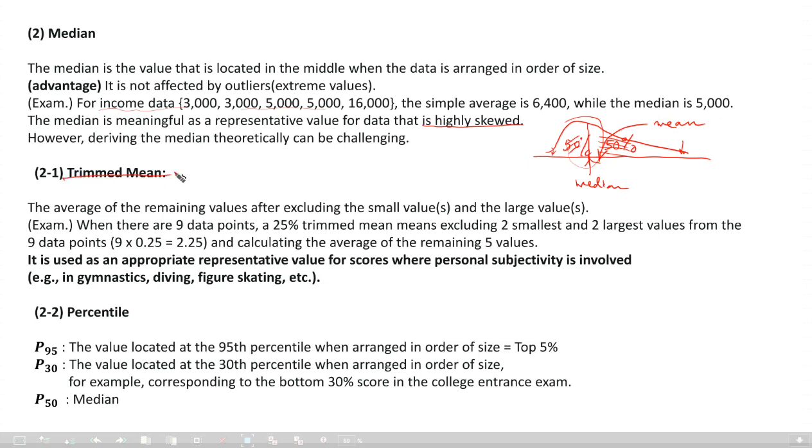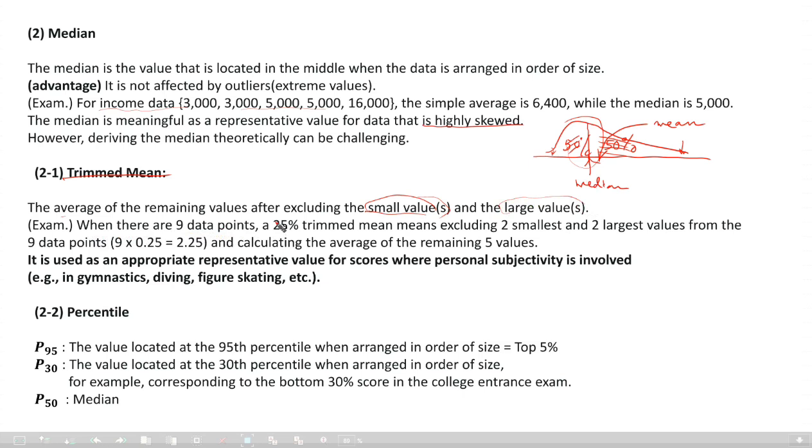Okay, there's some applied concept: the trimmed mean. Trimmed mean is the average of the remaining values after excluding small or large values. How many small and how many large to exclude?